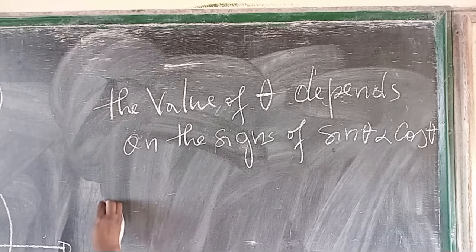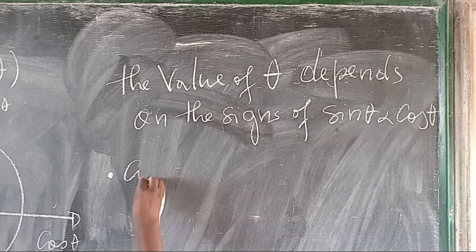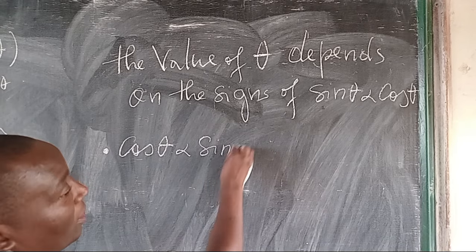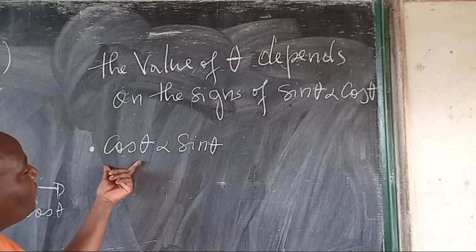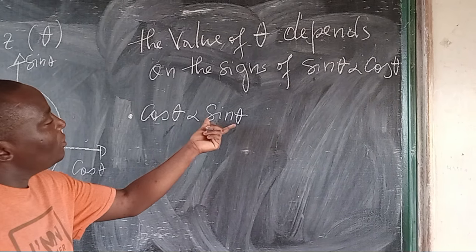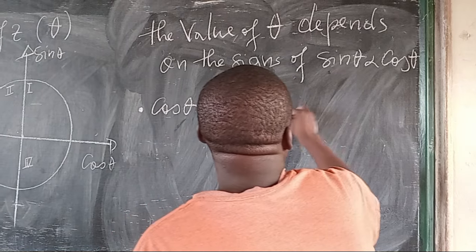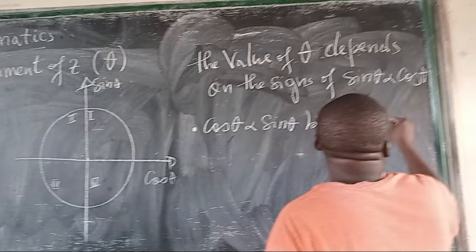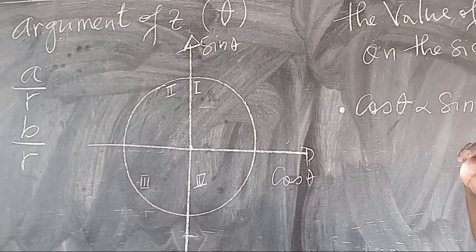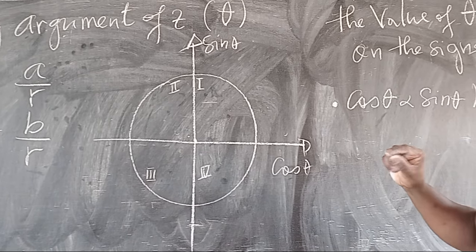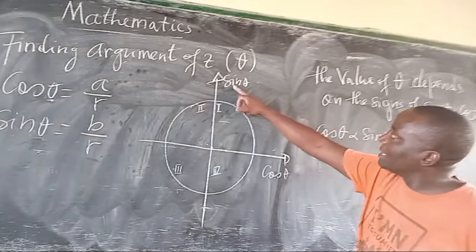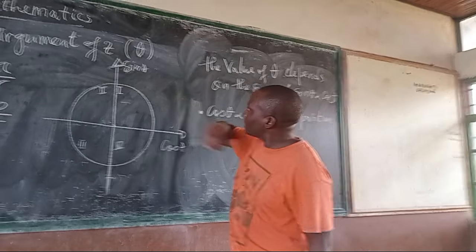As you see, the first case, teacher: if the cosine of angle theta and the sine of that angle theta both give you positive values, I'm going to find the region where the sine of angle theta is positive and the cosine of that angle theta is again positive.